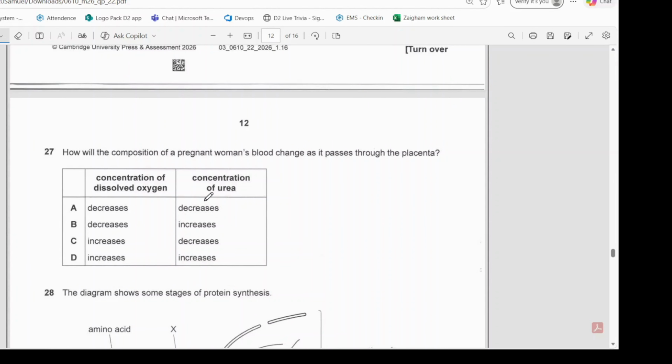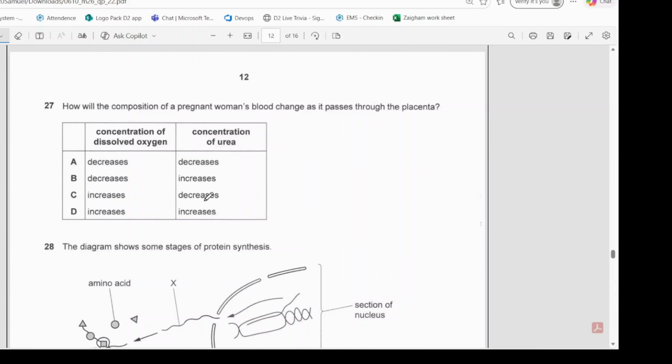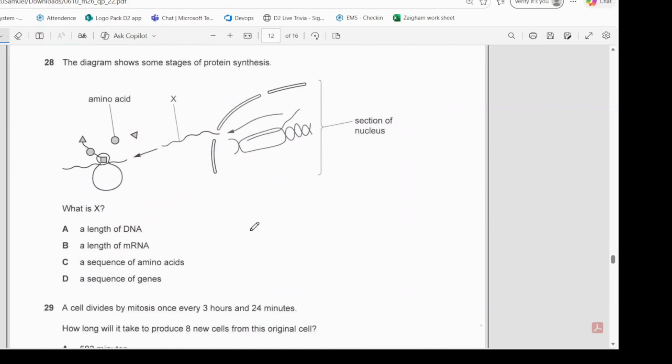How will the composition of a pregnant woman's blood change as it passes through the placenta? Would decrease, would increase. That's why it gets exchanged through the placenta. Amino acids are being made.